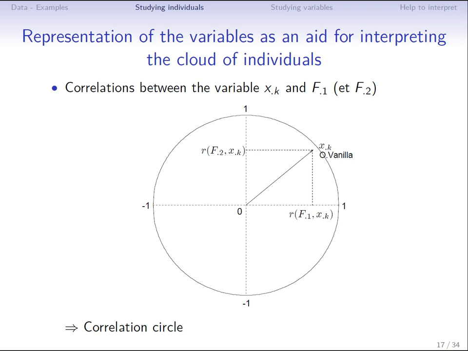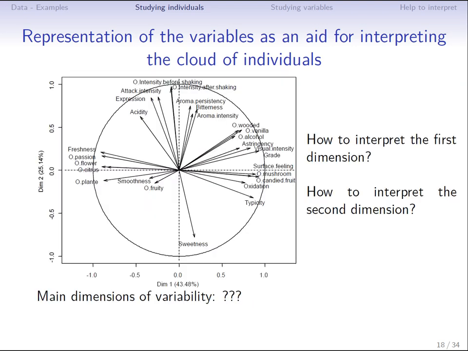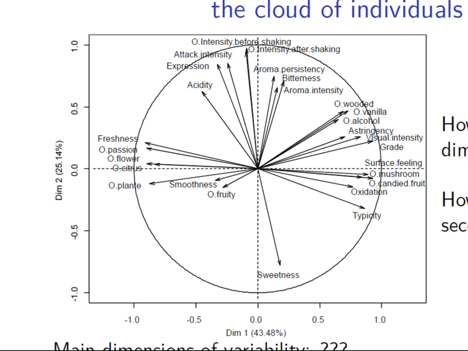All the variables will gather in a circle named the correlation circle. In the example, the graph of the correlation circle shows that the variables odor passion, odor citrus, freshness that are on the left have a correlation close to -1 with the first dimension.